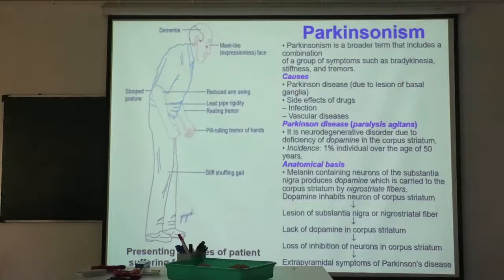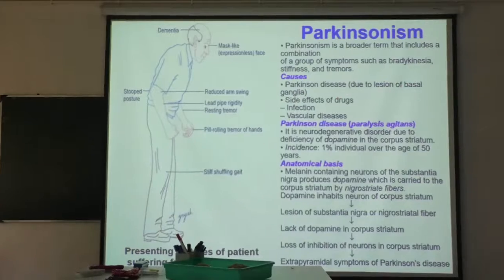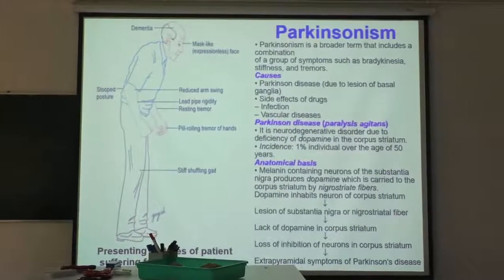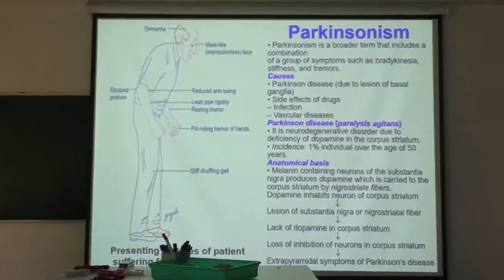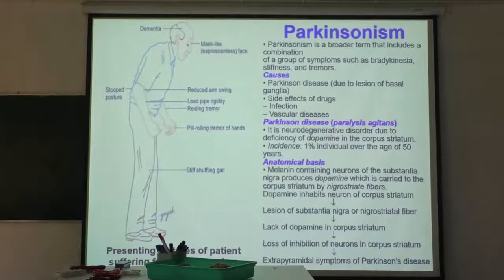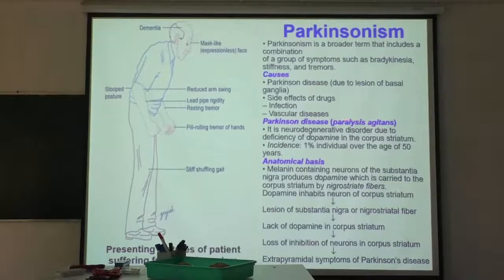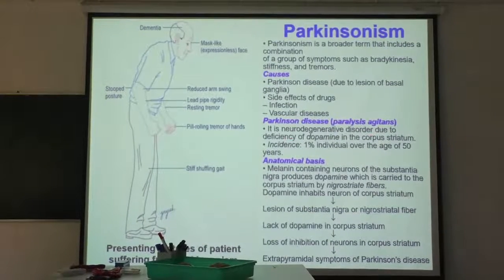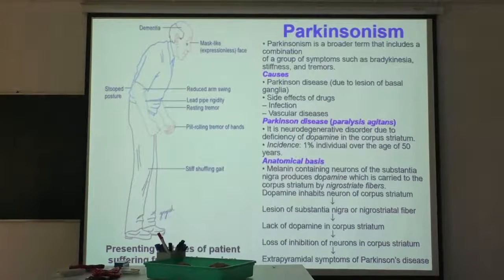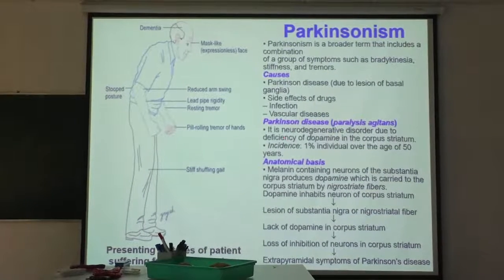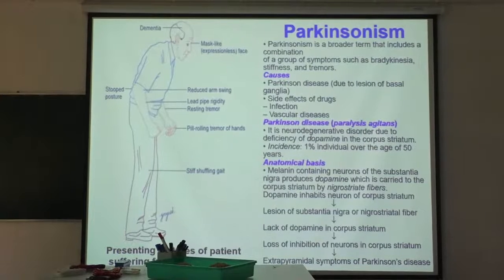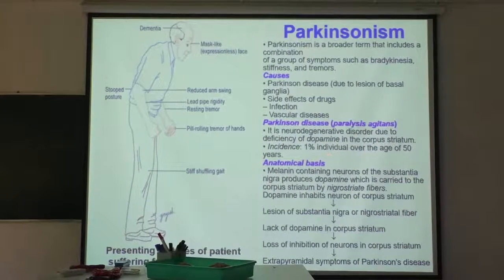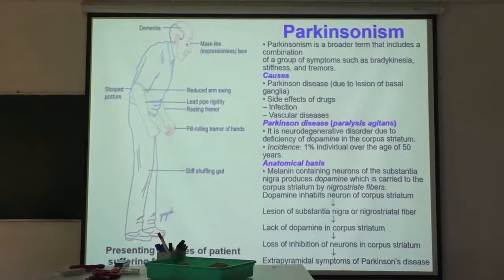Parkinson's disease due to lesion of basal ganglia, side effects of some drugs, infection, and vascular diseases. So these are the main important causes of Parkinsonism. So Parkinson's disease or paralysis agitans, it is a neurodegenerative disorder due to deficiency of dopamine in the corpus striatum. Okay, incidence is 1% individual over the age of 50 years.